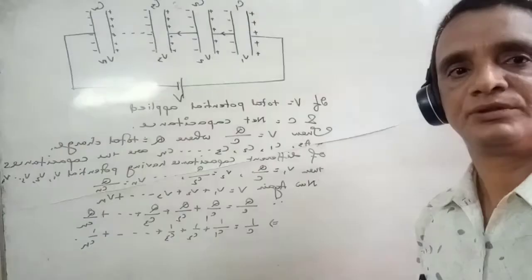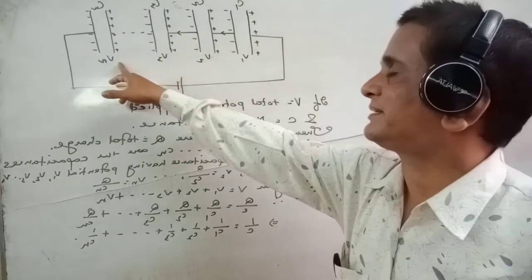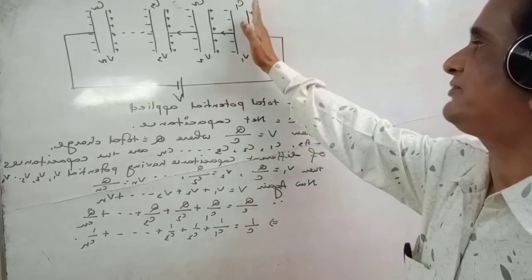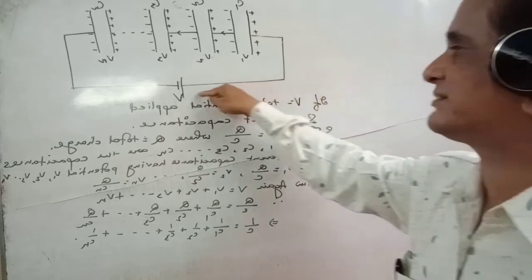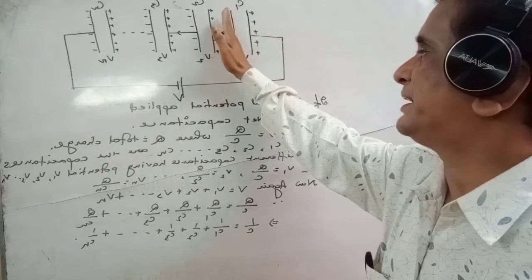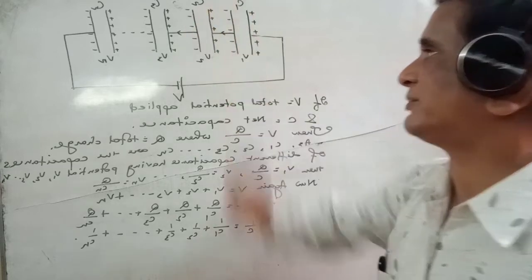Okay, you see there are n number of capacitors. I have taken the positive plate of the first one connected with the cell, and the negative plate of the first one connected with the positive plate of the second one.